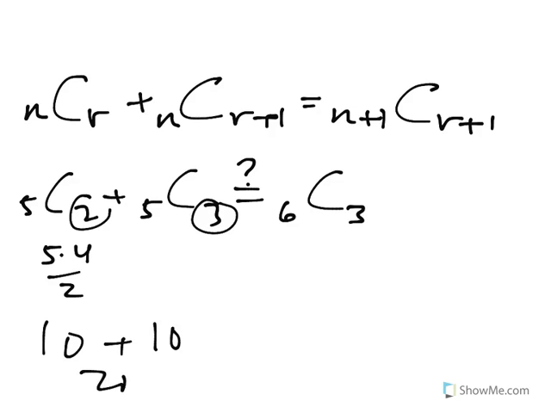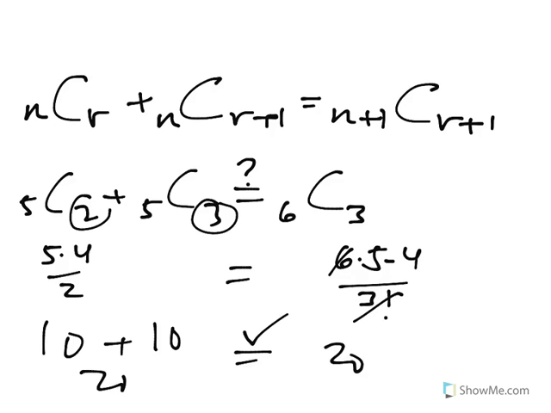So those add up to 20. On the other hand, 6C3 is 6 times 5 times 4 over 3 factorial, which also becomes 20. So at least for that example it worked, but it's not clear that it's always going to work. So I'm going to show you an example.